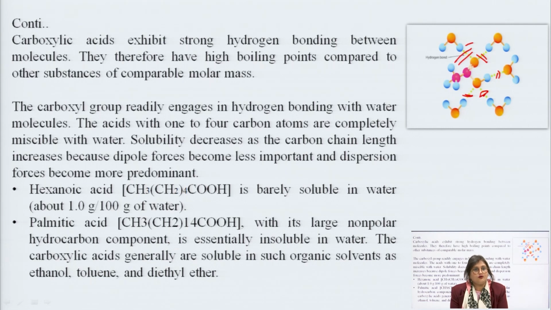Therefore, they have a high boiling point. So, the increased boiling point of carboxylic acid when compared to water is owed to its characteristic of forming strong hydrogen bonds between molecules.